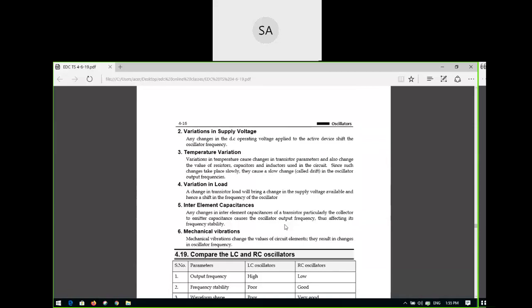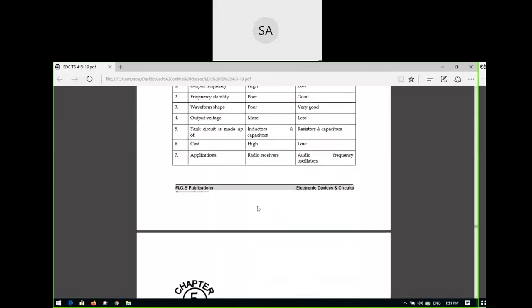The circuit diagram and their working principle, as well as advantages, disadvantages and applications, are the only things present in the fourth chapter. All of you are easily able to remember and reproduce it, so there is no problem. You can easily understand these concepts.